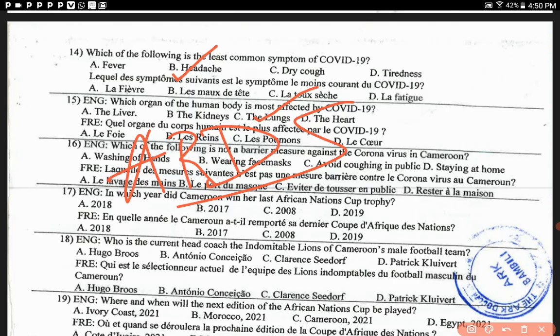Question 16. Which of the following is not a barrier measure against the coronavirus in Cameroon?